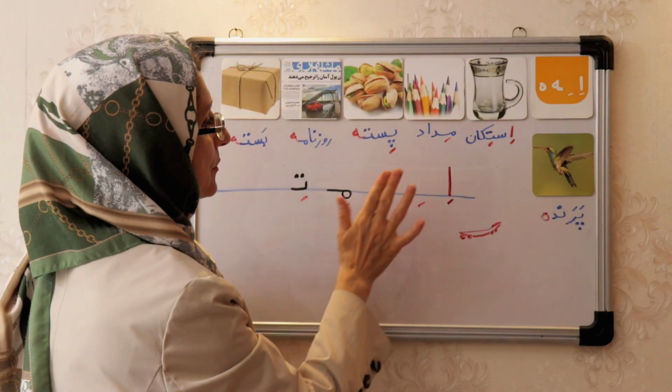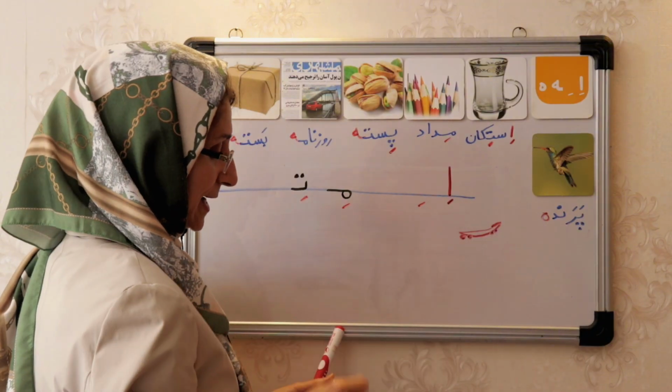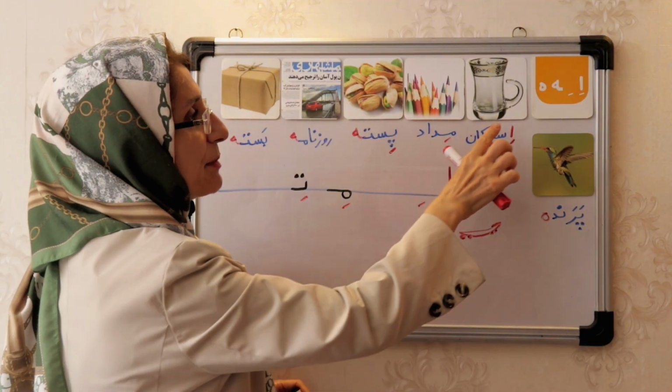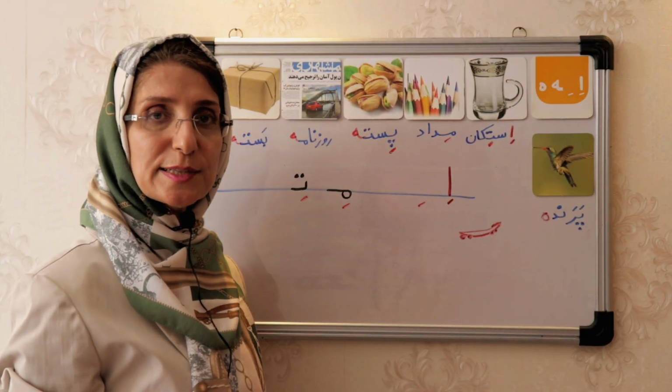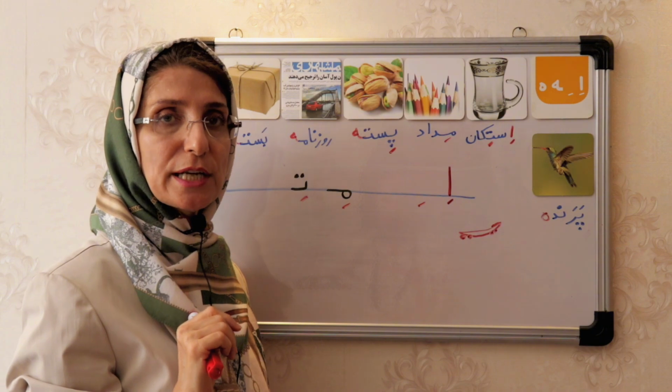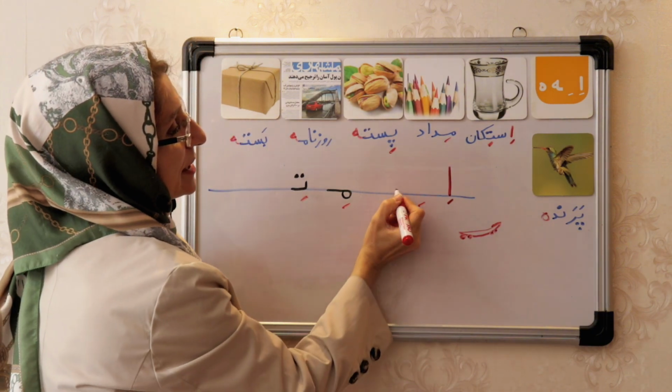Okay, now A اول, A وسط. The third member is A آخر چسبان. چسب in Persian is stick. A آخر چسبان is this.